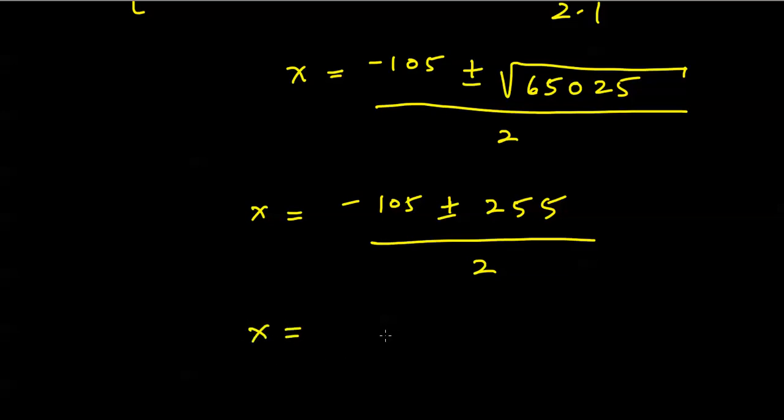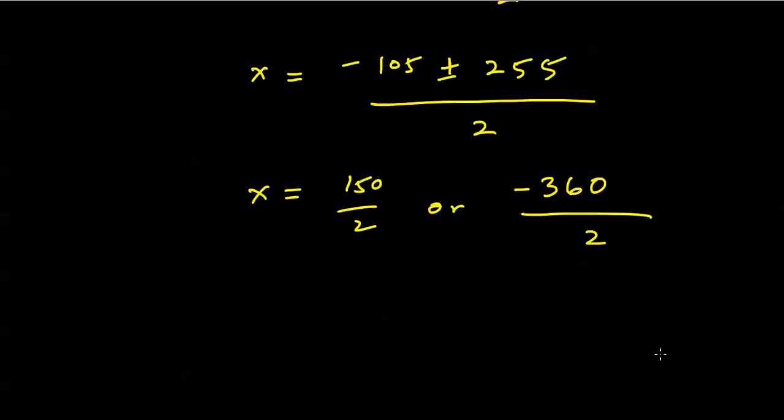So x equals, well, 255 minus 105 is 150 over 2, or, if I take minus 105 and subtract 255, I get minus 360 over 2. So for final solutions for x, I get 150 over 2 is 75, or minus 360 over 2 is minus 180. I'm going to eliminate this negative length.